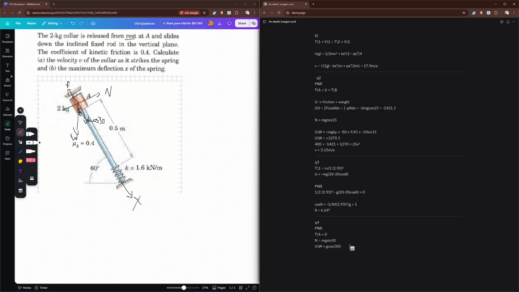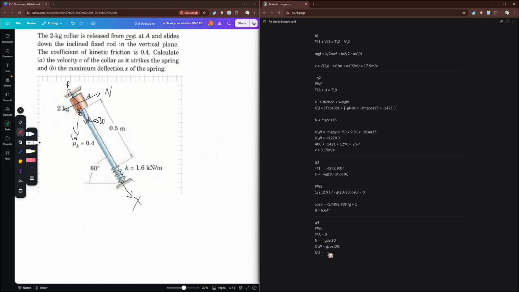And then we have, for the work done by friction, this is equal to, so we would do the integral thing and the distance, right? Friction goes this way, normal force, and yeah.